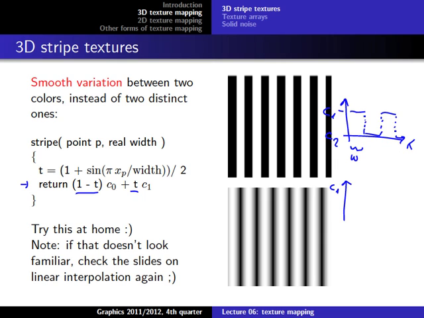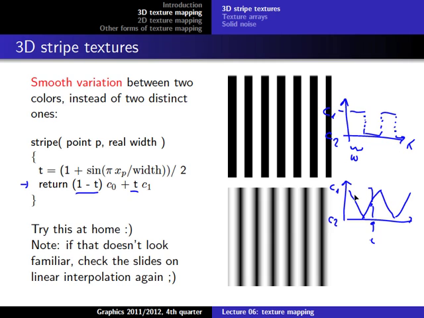If this is C1 and C2, we gradually decrease the fraction of the color 1 and increase the fraction of the color 2. And then again here. So this means basically if we have a t here, then this is the part of t, and this is the part of t minus 1, and that is then the fraction of the color 1 in our combined color value.